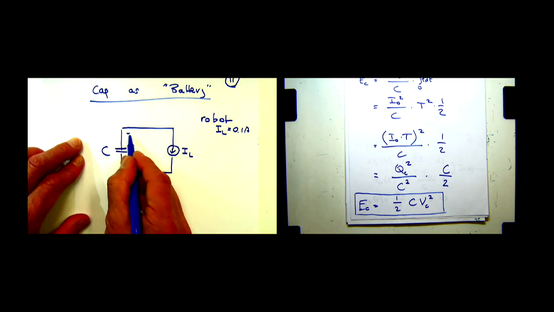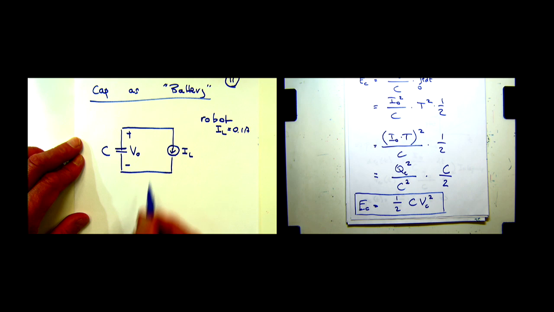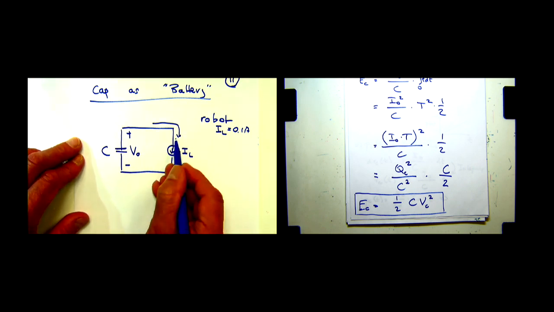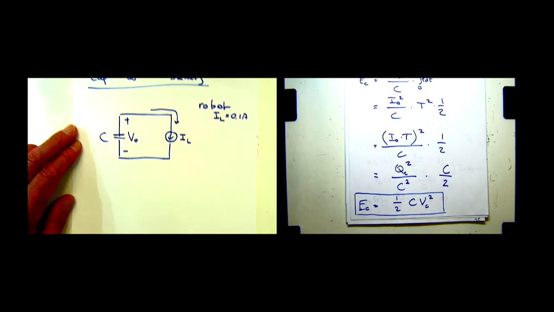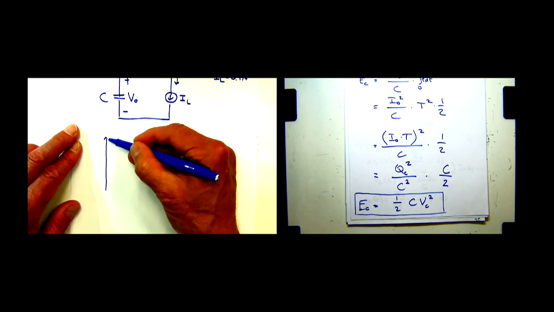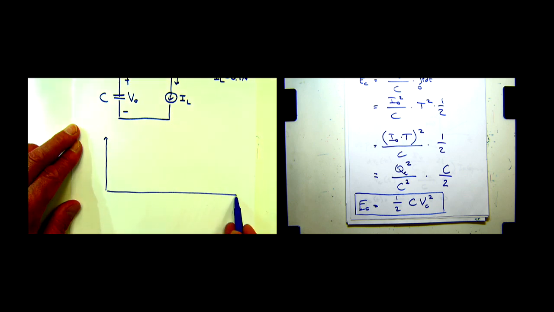Okay? So the capacitor is initially charged to a voltage V0, and then this current is going to flow, and the voltage on the capacitor is going to decrease. So we're going to have a situation that looks more or less like this. Time, here's the voltage Vc of t.